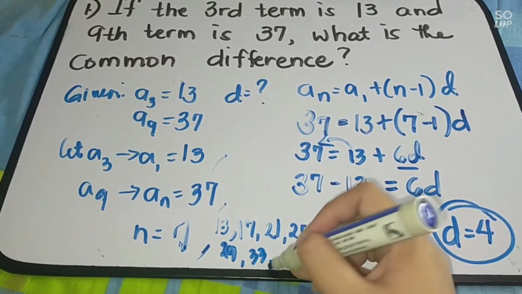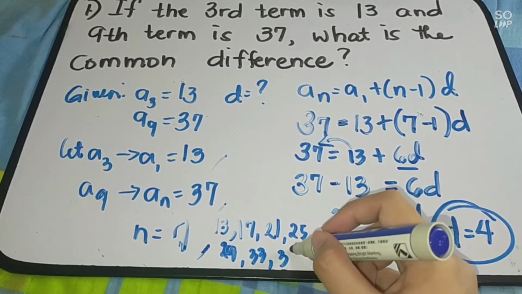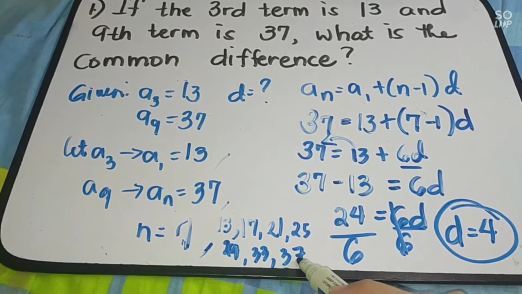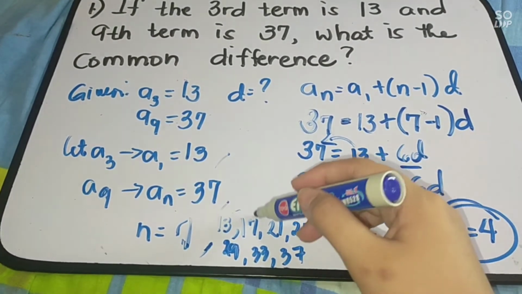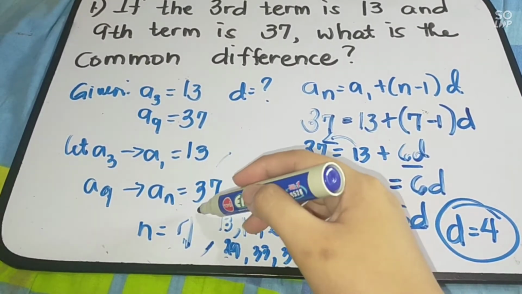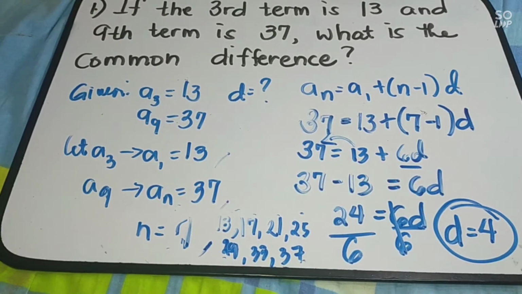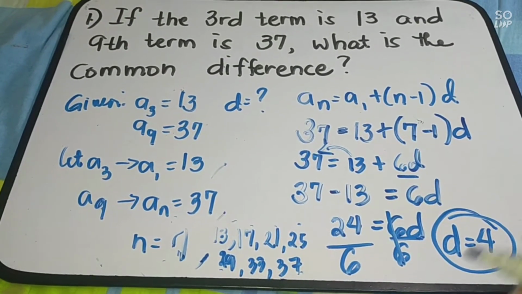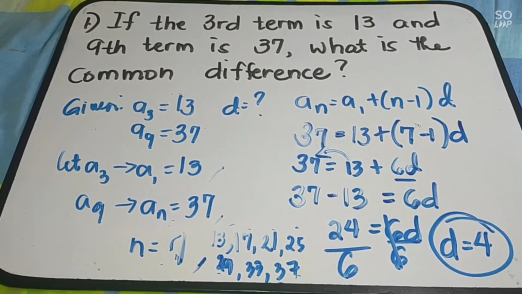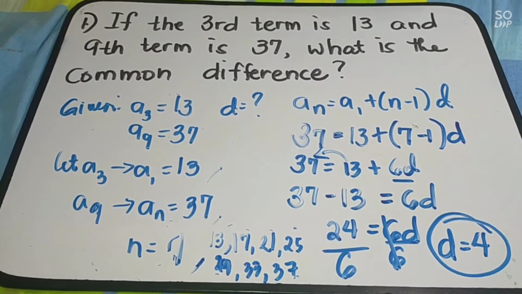Next, plus 4, that is 37. So, ang pang-7 term natin is 37. Tingnan ninyo. 1, 2, 3, 4, 5, 6, 7. So, that is your a sub 7, that is 37. Is it clear? So, our common difference is correct. Okay? Now, let us have more examples.